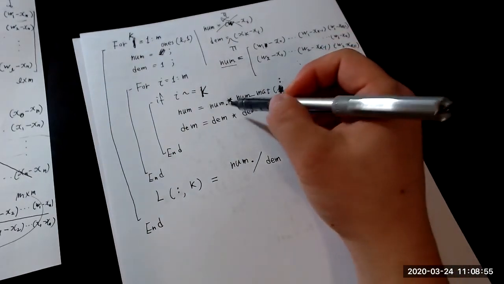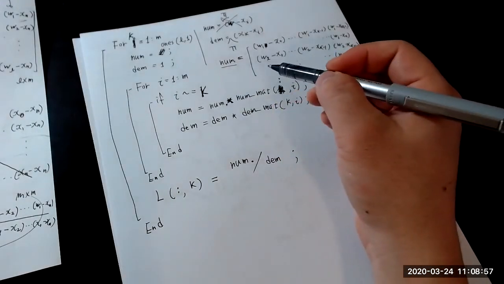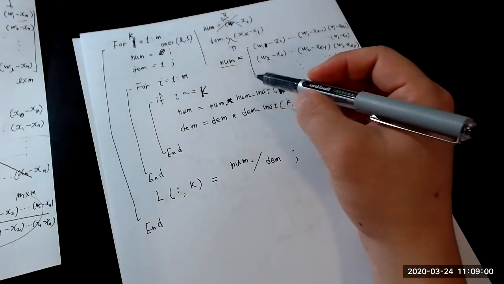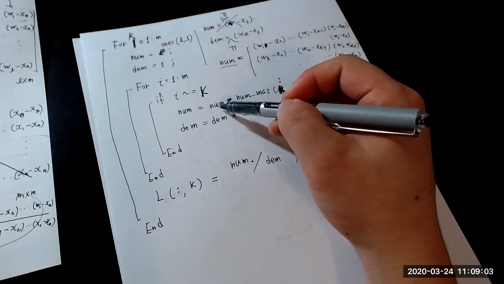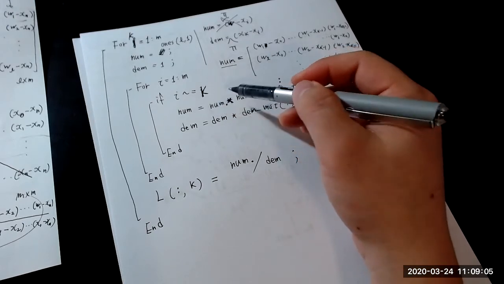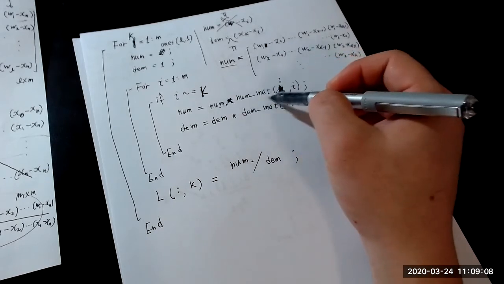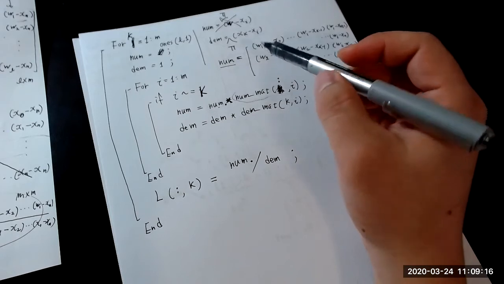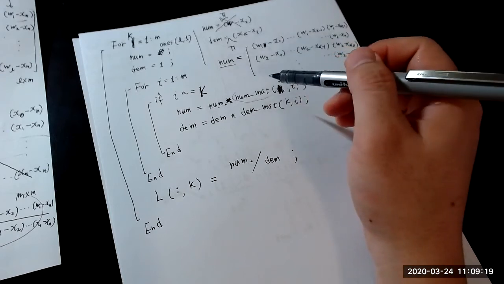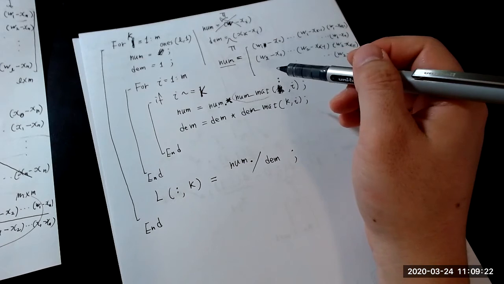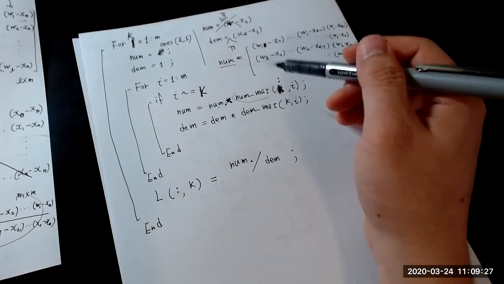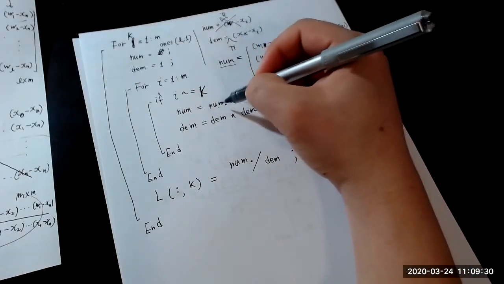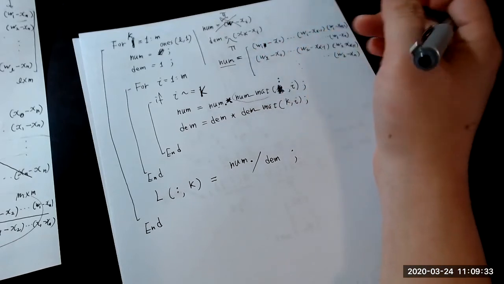By the way, what does the dot multiplication mean? It means that we multiply each entry of the matrix NUM by each entry of NUMMAT.